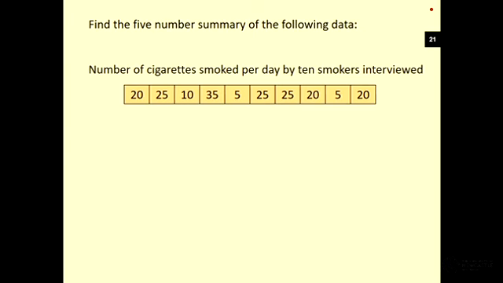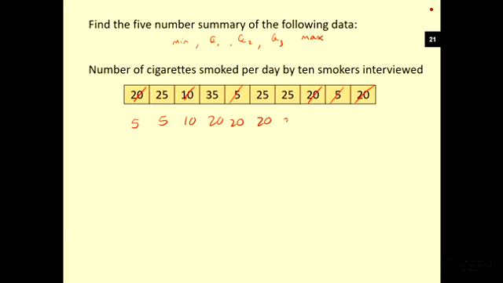Well, the first thing I know is that my 5-number summary is my min, Q1, Q2, Q3, and max. Min and max are easy enough to find, but to find the others, I want the data in order. So, what's the smallest? 5, 5, 10, 20, 20, and another 20.